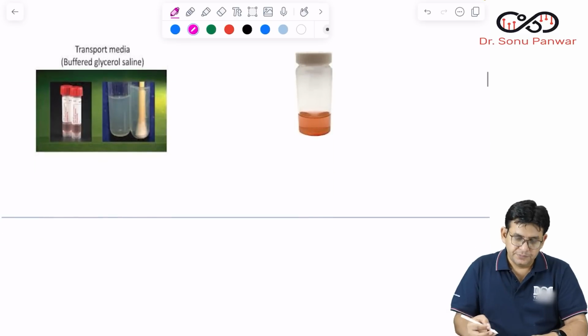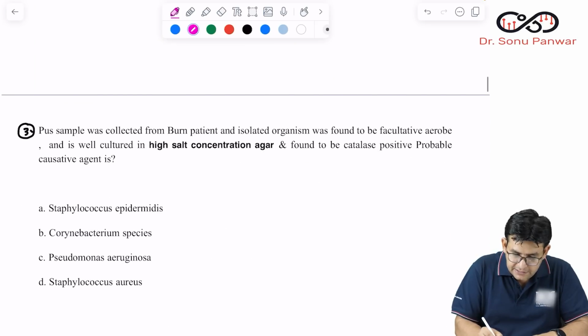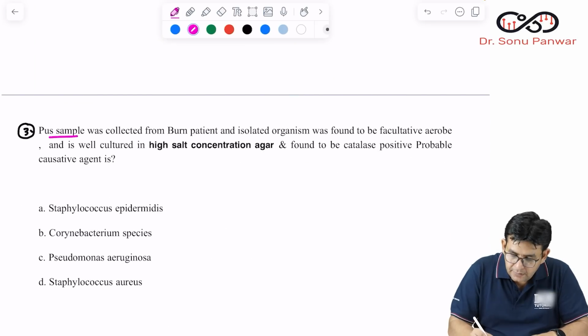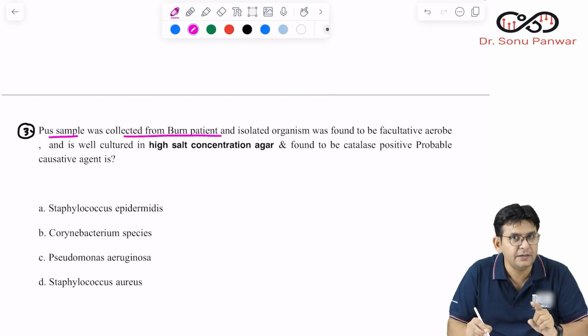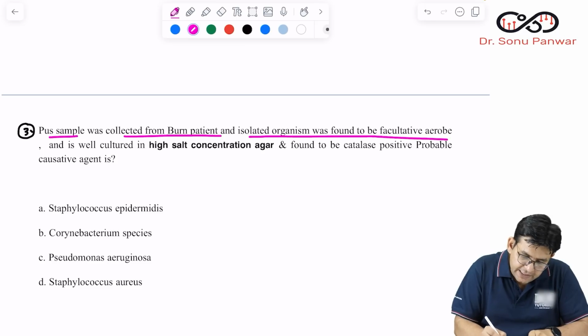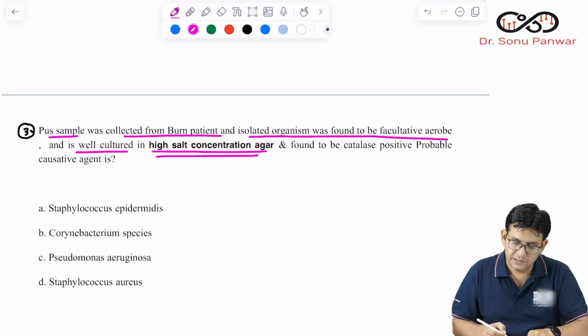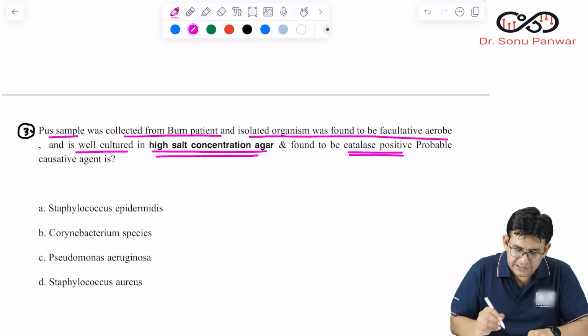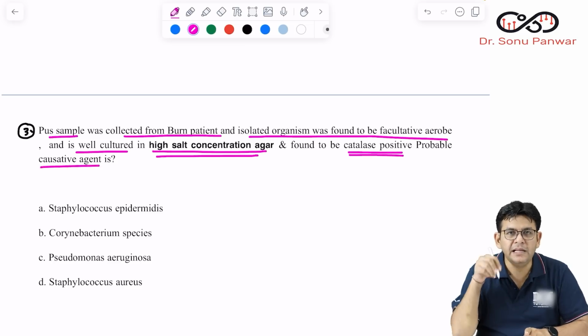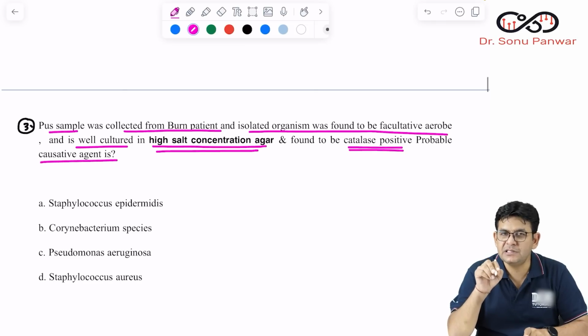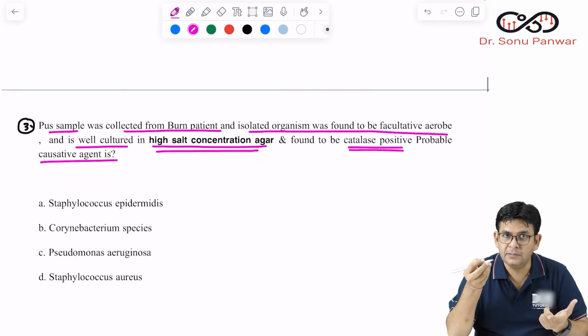Now coming to the third one. The pus sample was collected from a burn patient. The isolated organism was found to be a facultative aerobe, well cultured in a high salt concentration agar, and found to be catalase positive also. The probable causative agent is? In this question, I would like to tell you, don't jump to conclusions.